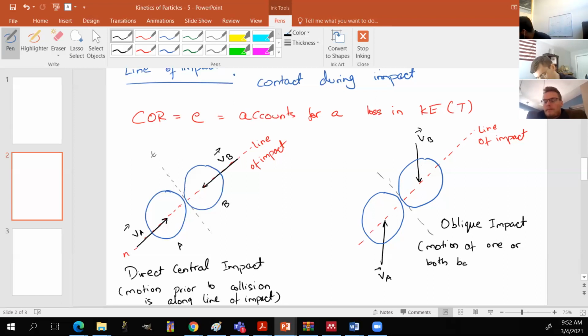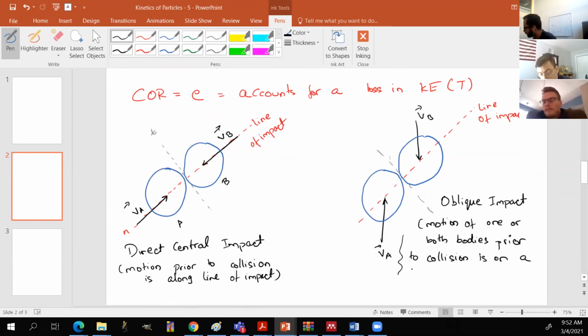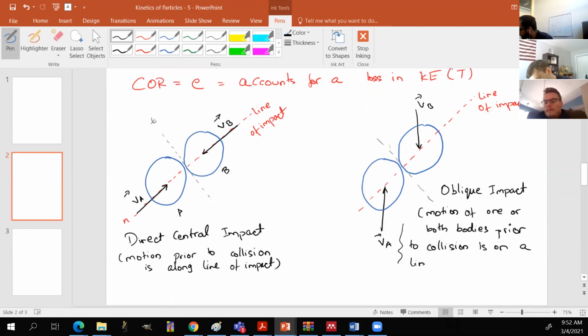So both bodies prior to collision is not on a line of the line of impact.